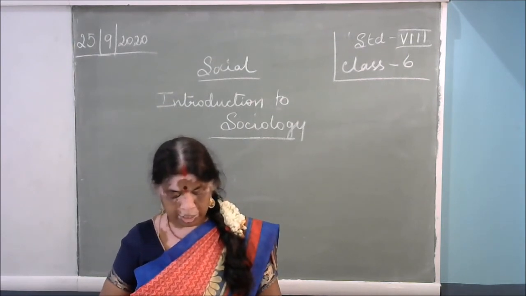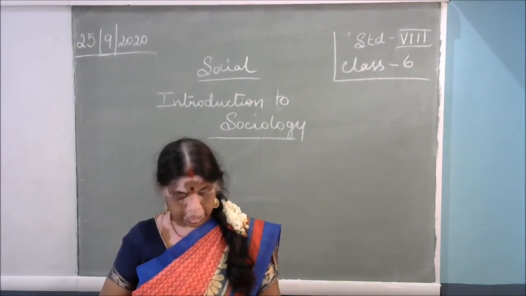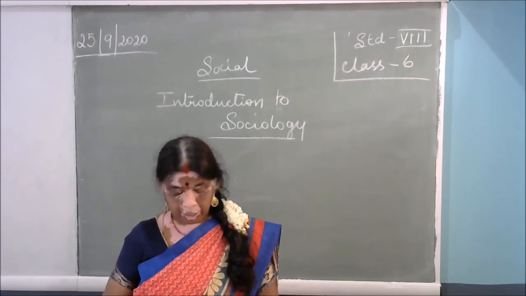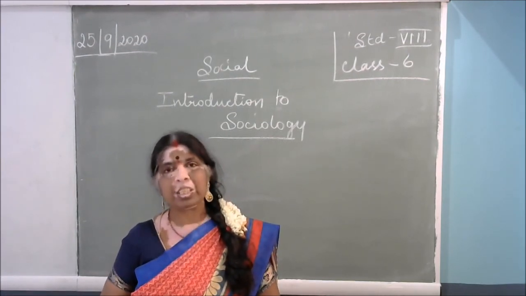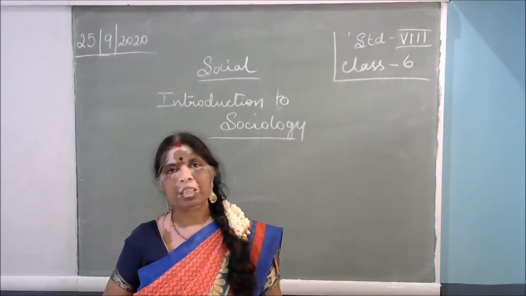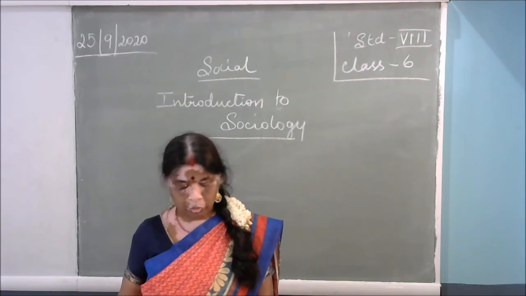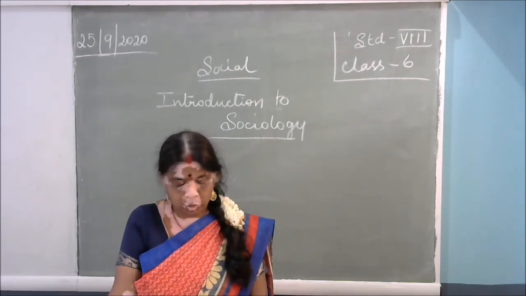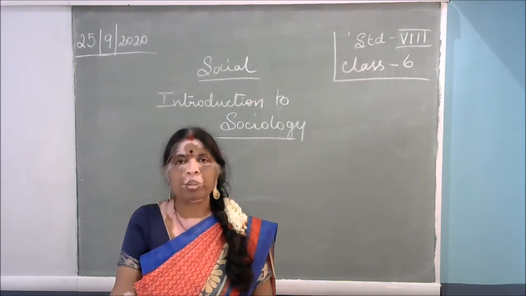First, sociology is a social science and not a physical science. Sociology belongs to the social science group and not the physical science group. It studies the social life and activities of human society.